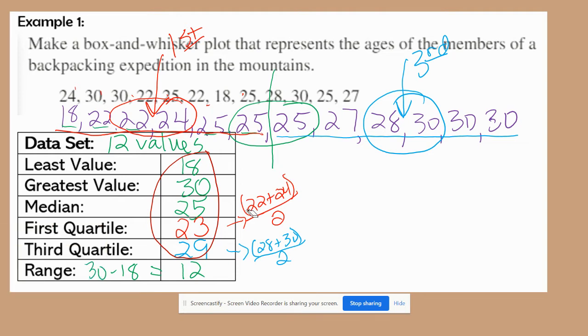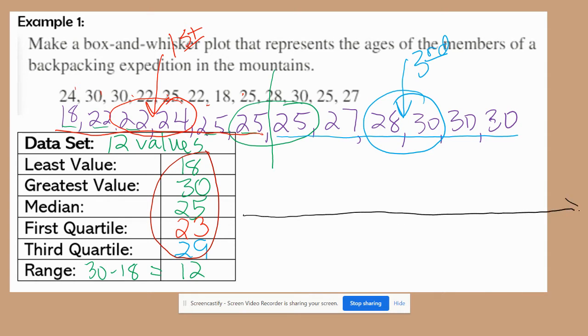I'm going to erase a little bit here so we have some space. We're going to start with making a number line. And because we have 12 values as our range, I need at least 12 lines here. 18 is my least value.